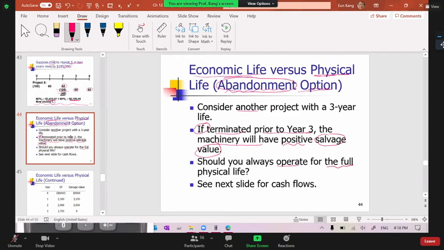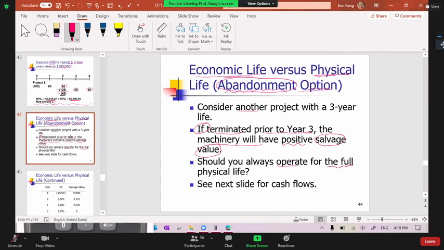That is a very important question. If there is no abandonment option, such that if you stop the project or cancel the contract, you may have a huge penalty, then you don't have an abandonment option. But if you can terminate the project without any penalty, then that is an abandonment option.